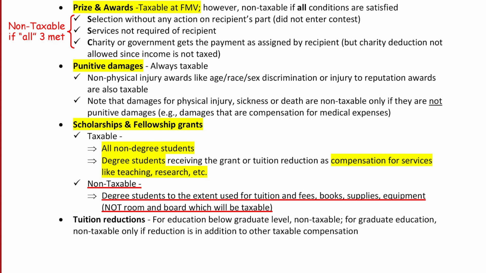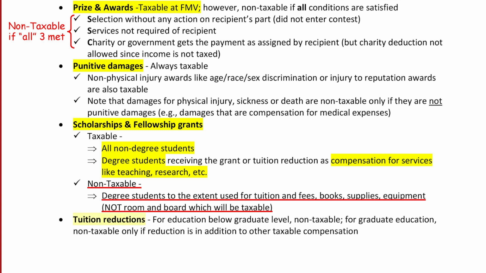So, for all non-degree students, scholarships and fellowship grants received are taxable. But for degree students who use the scholarship and fellowship grant for tuition and fees, books, supplies, equipment, it's going to be non-taxable for them.